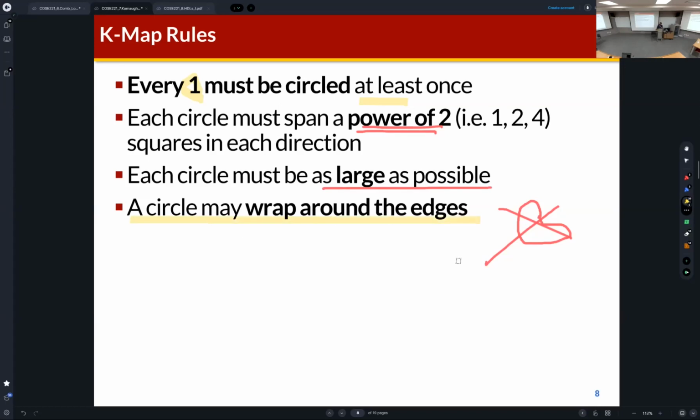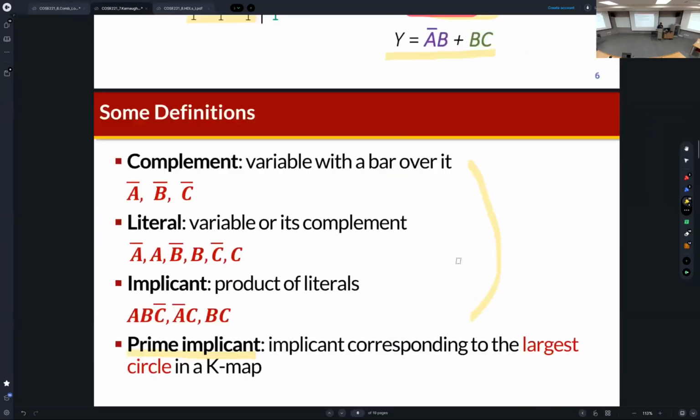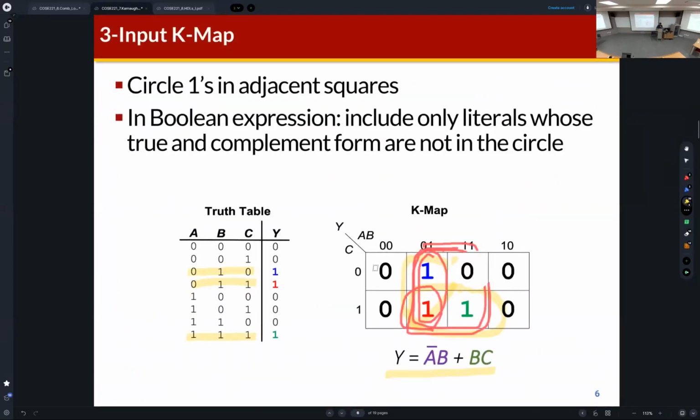Sometimes the circle may wrap around the edges. So what does that mean? Let us assume that this is 1, this is 1, this is 1, this is 1. Okay, this is all zeros. Then how can we group these ones?